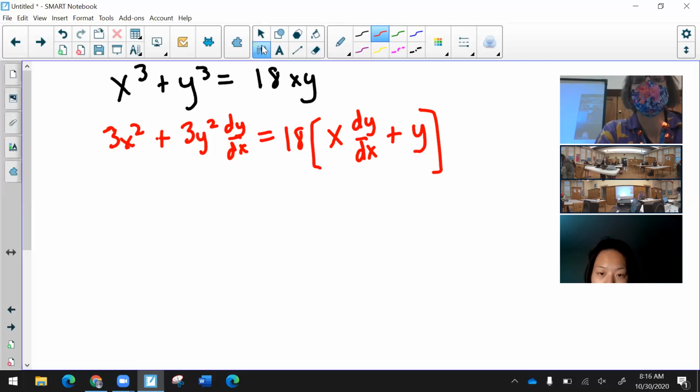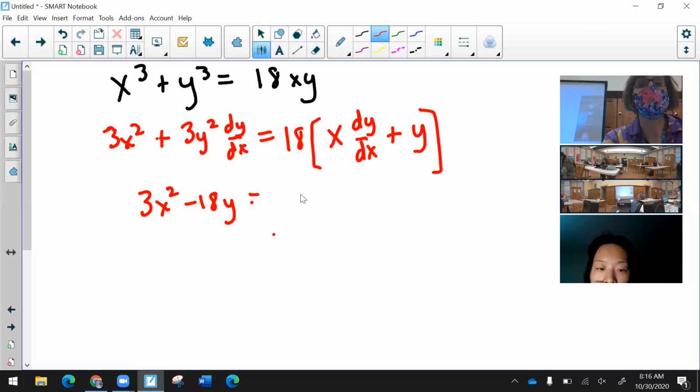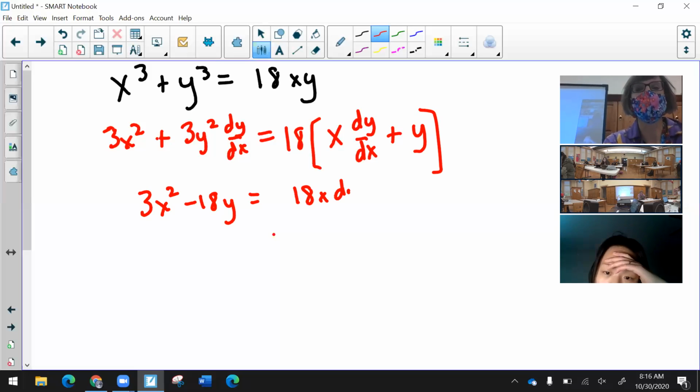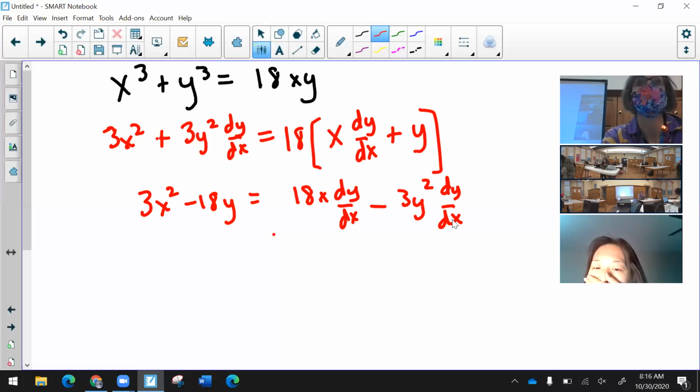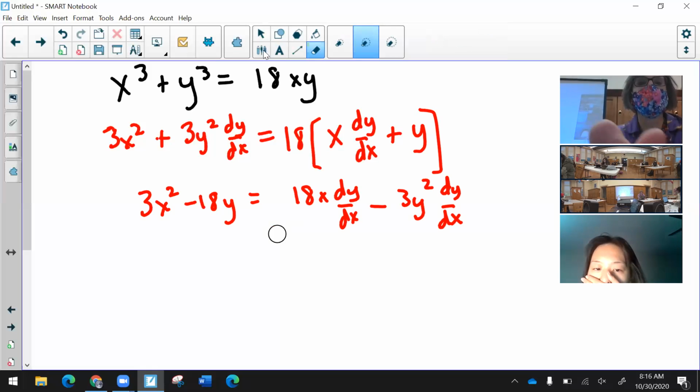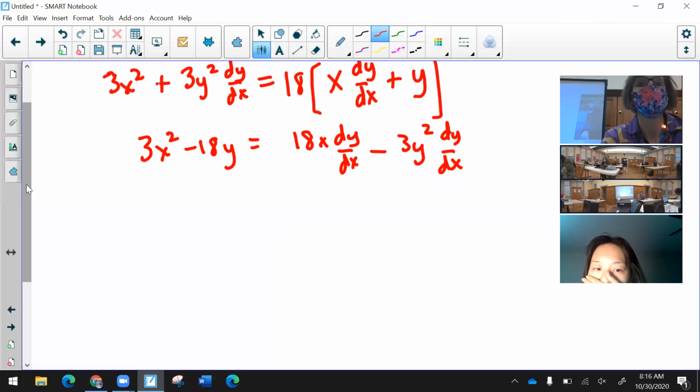And then it just comes down to algebra. I'm going to take all my terms that have dy/dx's and put them on one side, and take all my terms that don't have dy/dx's and put them on the other side. So this is going to give me 3x squared minus 18y is going to be 18x dy/dx minus 3y squared dy/dx. Let me check, because I'm doing it in my head. Okay.